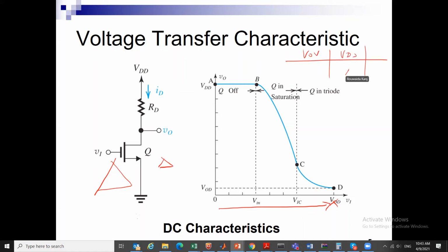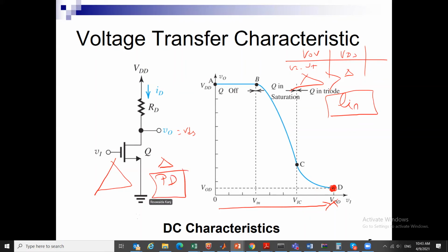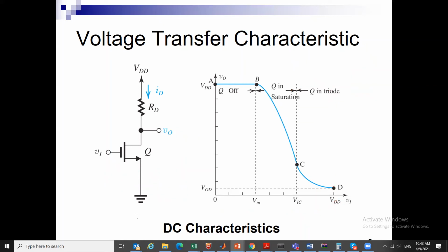I know that this is small and Vo equals VDS in this context, and this is Vn minus Vt, and this is very large now. So this is greater, so I am in the linear region. When the device acts in its normal function, pull down, when the Vn is large and it has strong pull down capability, I would be in the linear region. We'll clear the three regions.